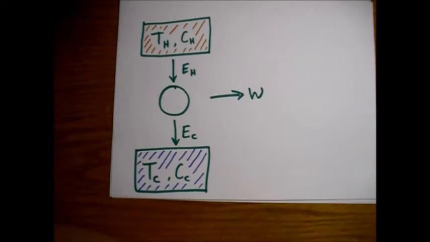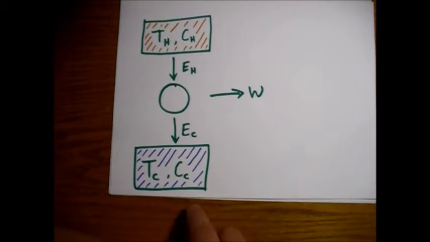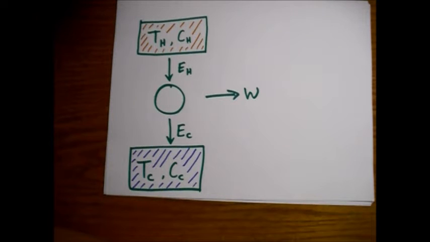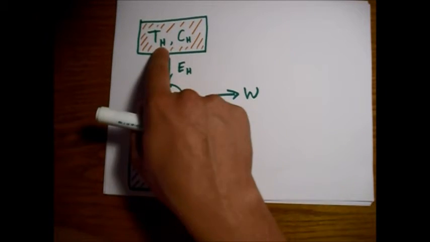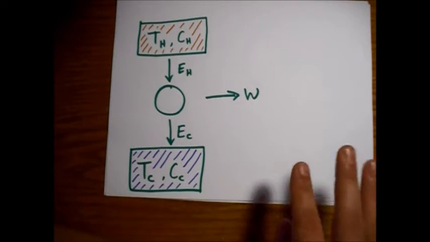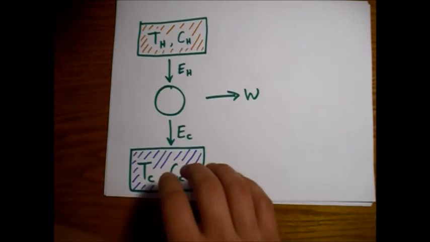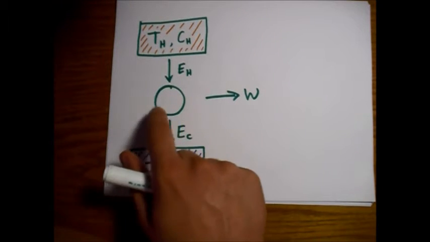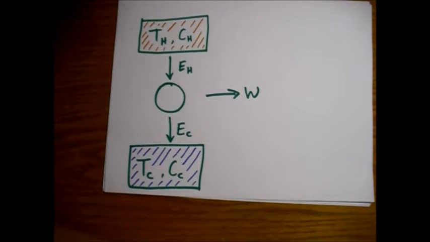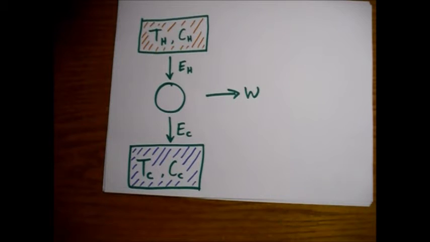So the question we want to ask is, suppose we have two, in this case, we're not dealing with radioactivity or adding wood to the fire. Suppose we just had, say, a block of copper and a block of steel, something like that. And one's hot, one's cold, and we want to put some sort of heat engine in between, whether we're boiling water or just converting it directly into electricity.